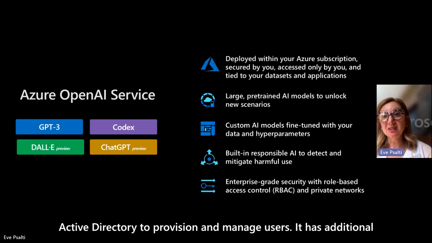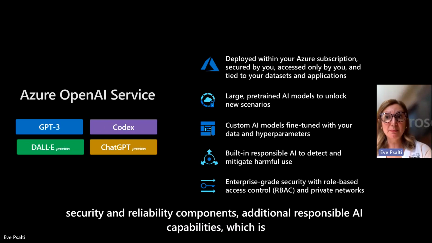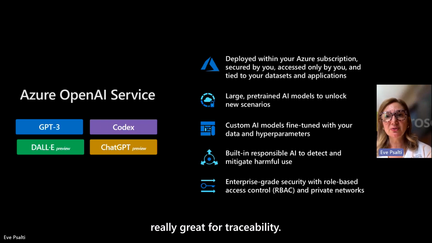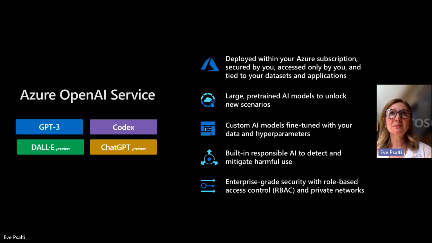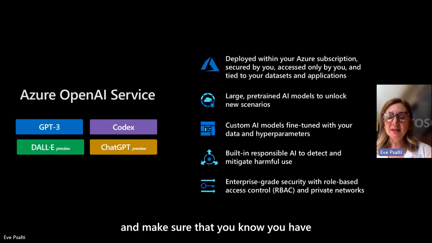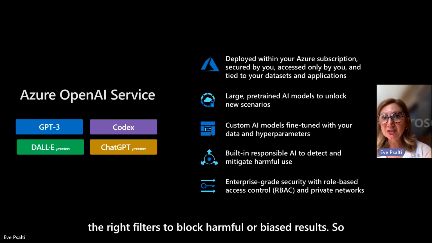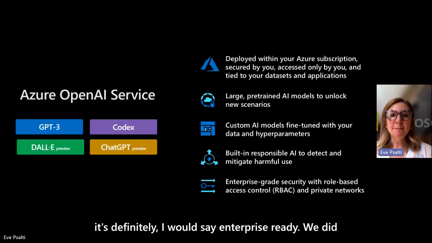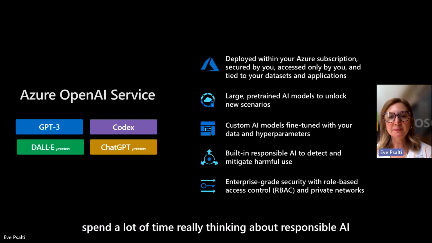It has additional security and reliability components, additional responsible AI capabilities, which is really great for our traceability and to make sure that you have the right filters to block harmful or biased results. So it's definitely, I would say, enterprise ready.